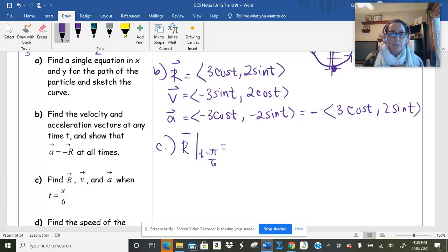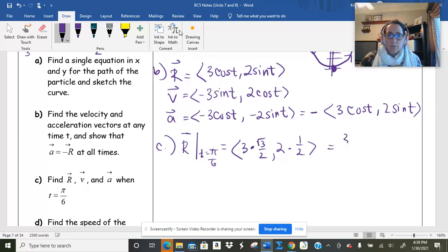At pi over 6, cosine is radical 3 over 2. So I have 3 times radical 3 over 2, and then sine is 1 over 2. If you would like to simplify that, great: 3 radical 3 over 2 and 1.